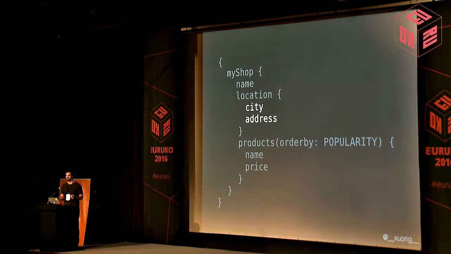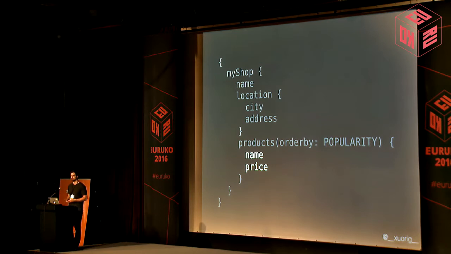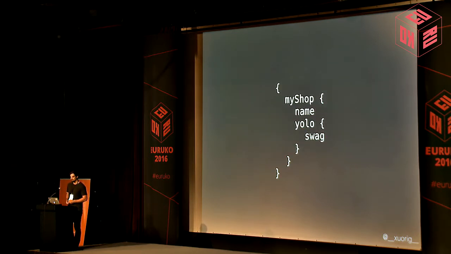And you can imagine how the query goes. It's the same. Location returned us a location type, or address type actually, with a city and address. And products return us a product type with name and price. So if I take this query, does it look valid to you? Obviously, we know it's not valid because it doesn't make sense to have a YOLO field on my shop.